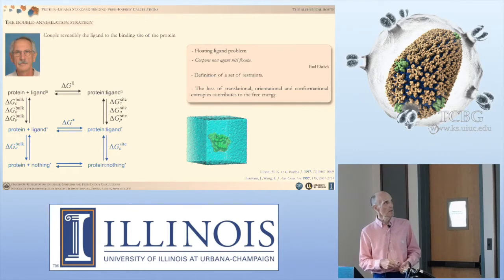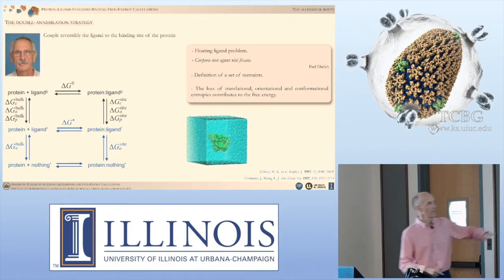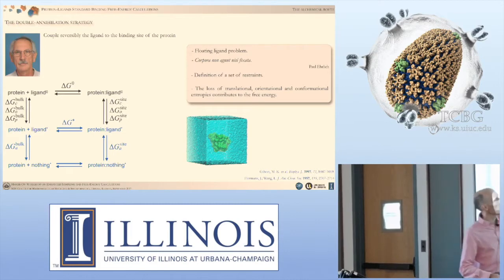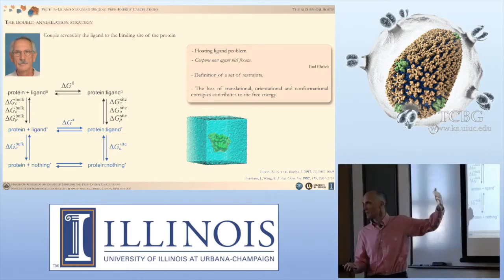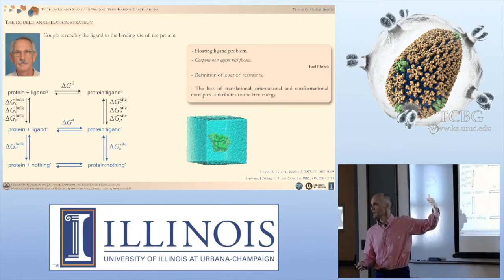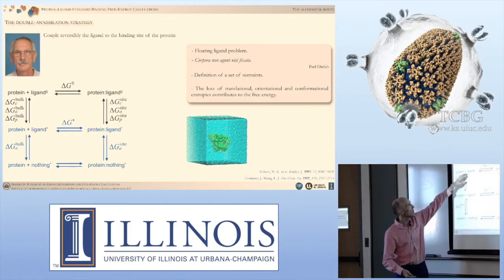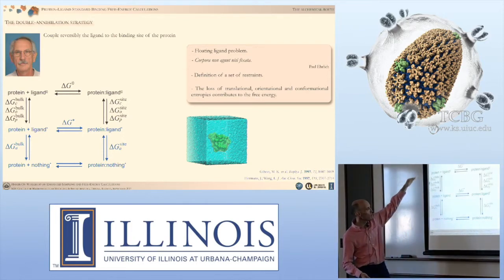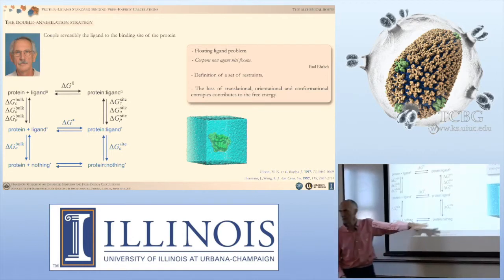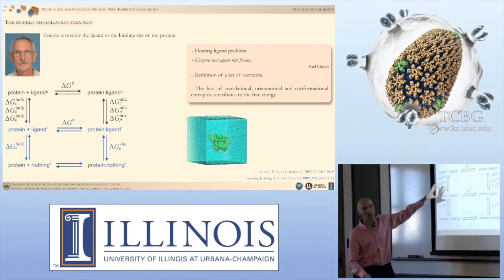So, instead of doing the classical thermodynamic cycle that you see in textbooks, where the free ligand you transform into nothing in the unbound state, in the bound state we introduce this extra step.